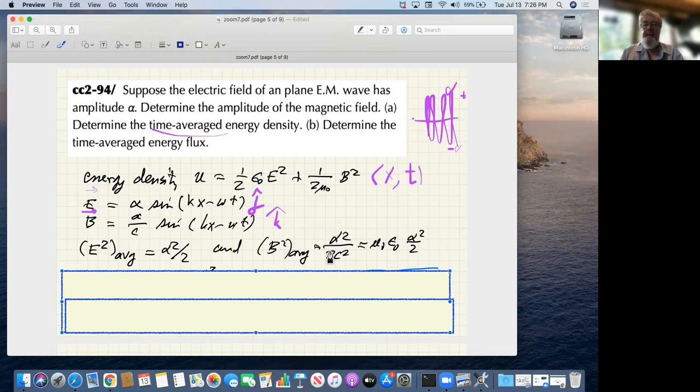And 1 over c squared is mu 0 epsilon 0. Remember, that's one of the equations: the speed of light is 1 over the square root of mu 0 epsilon 0. That's one of the equations from the equation sheet, or from the exam study guide.